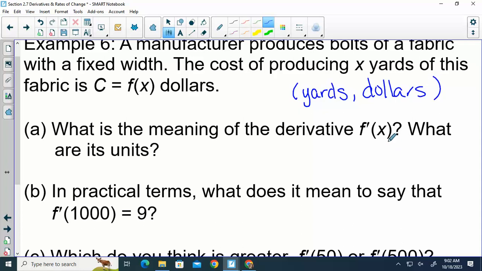So a derivative is a rate of change. It is a slope. So think about when you find a slope, how do we find slope?